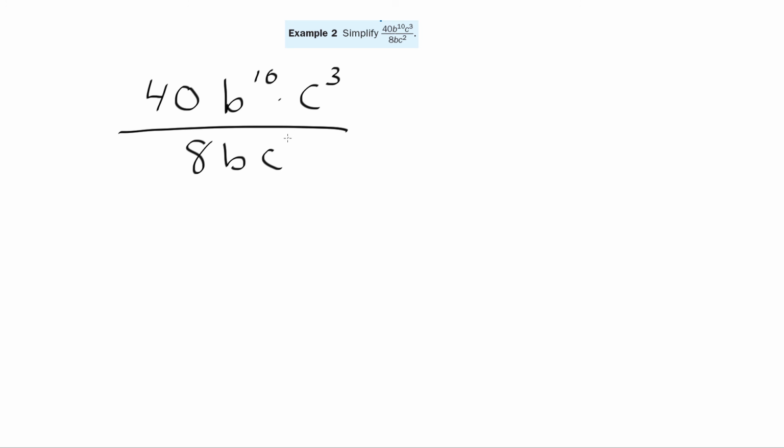Well, I could first work with my numbers. 8 goes into 40 5 times, so this is pretty easy. I get 5. b to the 10th over b to the first becomes b to the 10 minus 1, times c to the third minus 2.